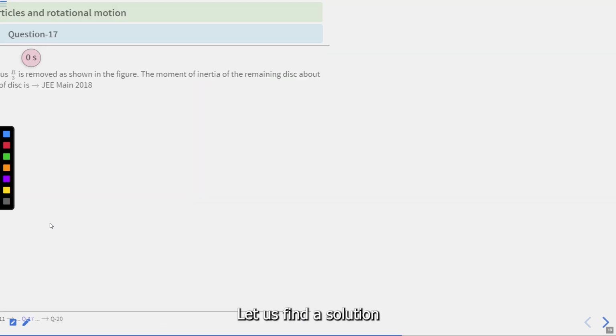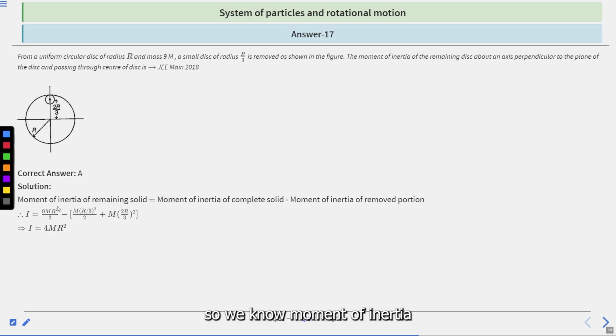Let's find a solution. So we know the moment of inertia of the remaining solid is equal to the moment of inertia of the complete solid minus the moment of inertia of the removed portion. Clear? This is the main concept.